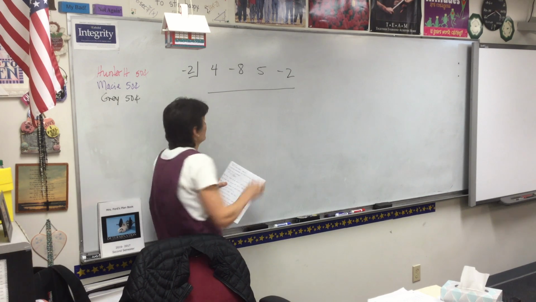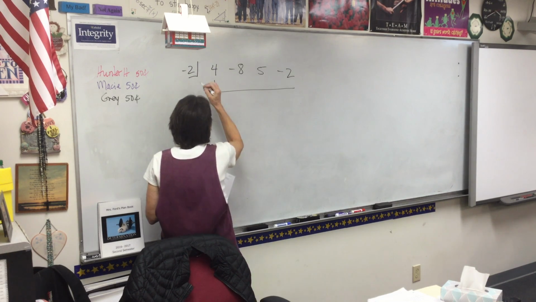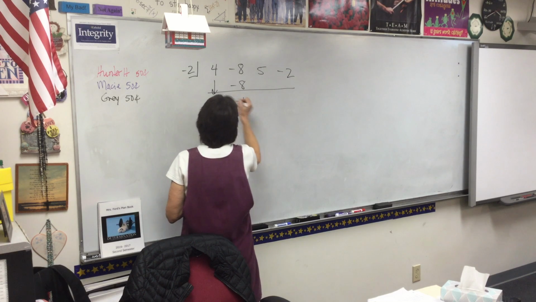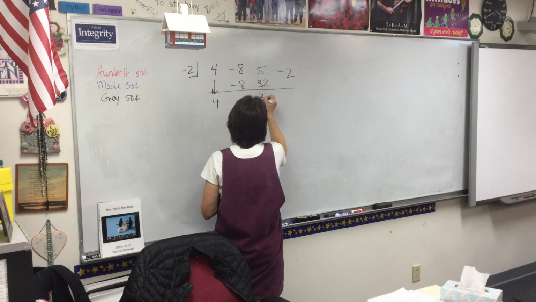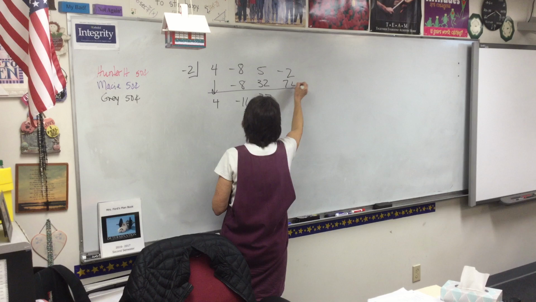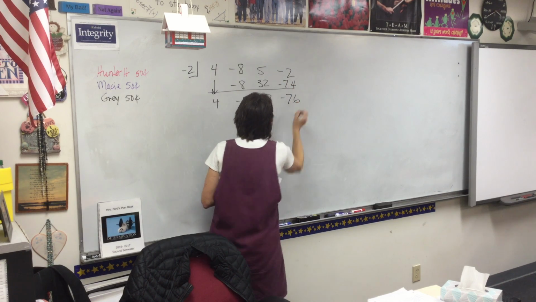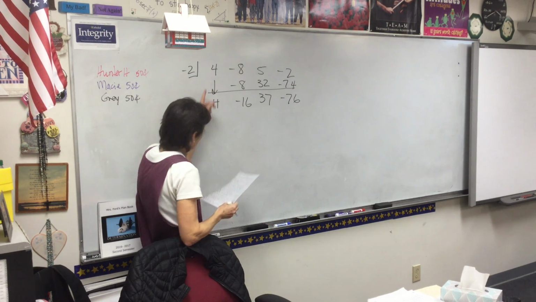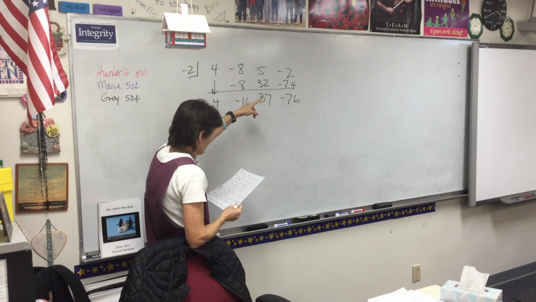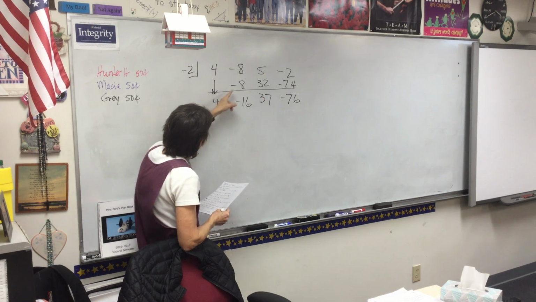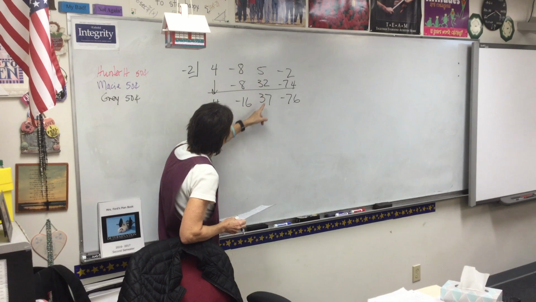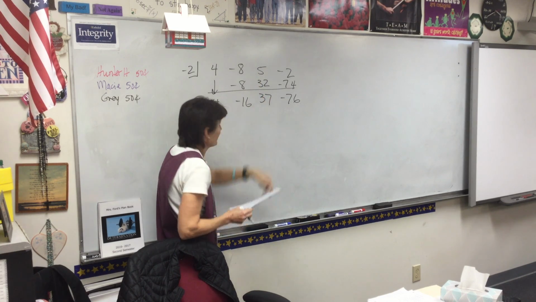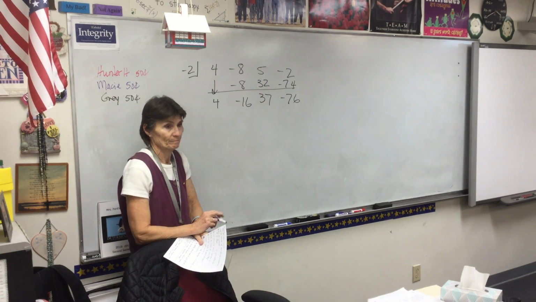There aren't any powers missing, so we're good to go. All right, double check my arithmetic. Did I copy everything right? Okay, so negative 8, negative 16, positive 32, negative 7, negative 24. I think negative 76 is the answer.